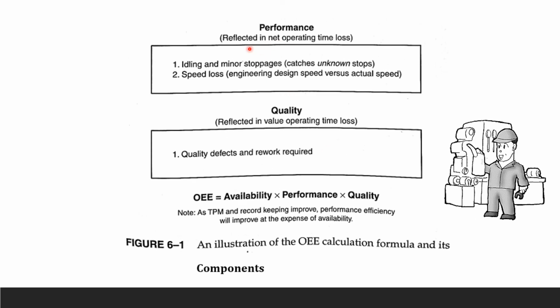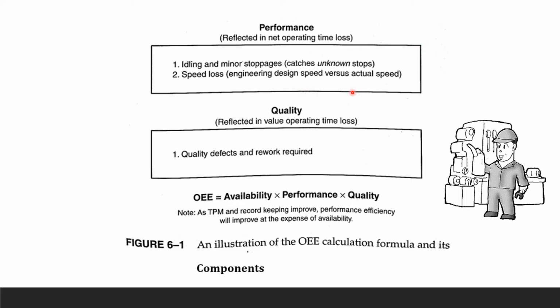Then we think about performance, which is reflected in net operating time loss. So we look at idling and minor stoppages, speed loss, engineering design speed versus actual speed. Every time you see versus, that means we are studying these two factors, on the y-axis and x-axis.